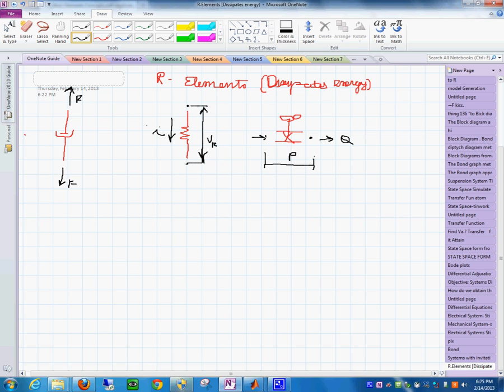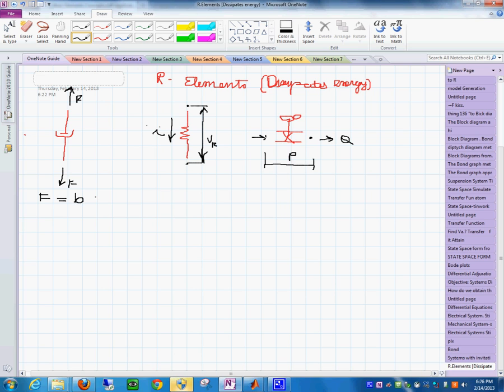What I'm trying to tell you is that these three elements, although they are in different energy domains and have different units, have a job as a participant in the system that is always to dissipate energy. So what would be the equation that controls the behavior of this one? F is equal to what?